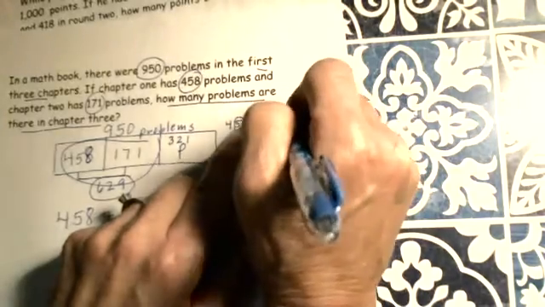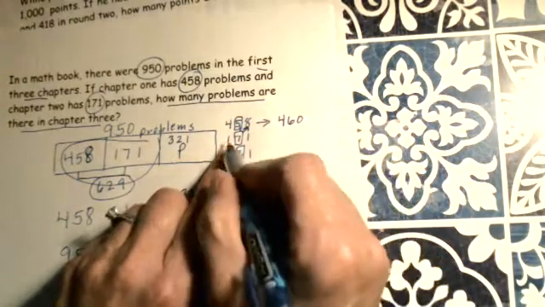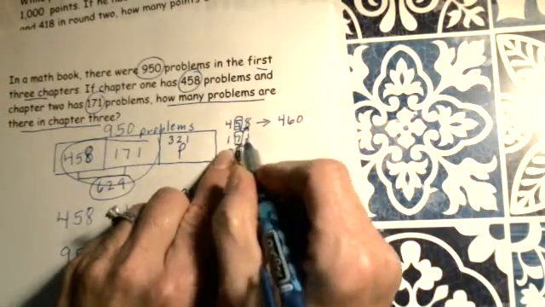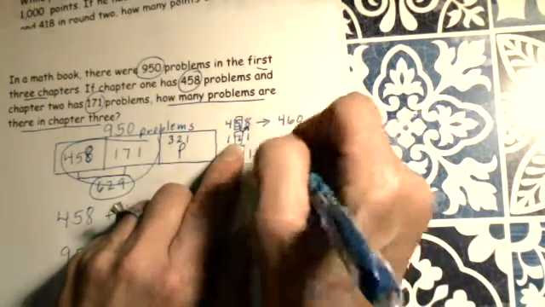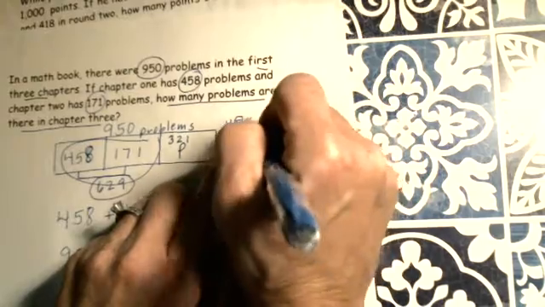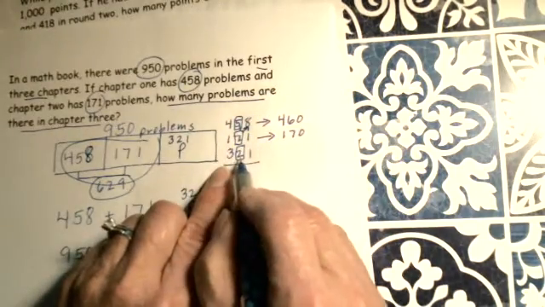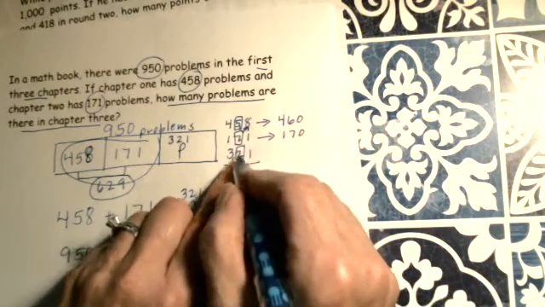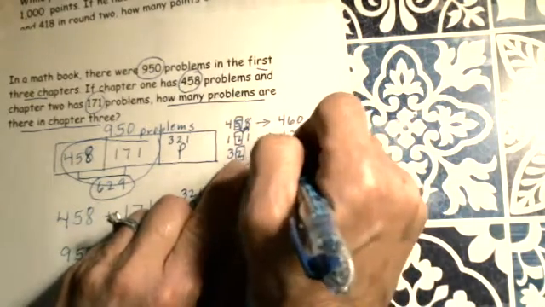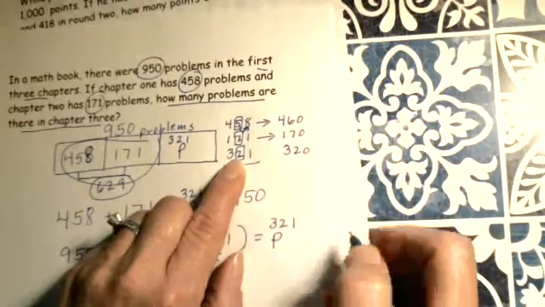So this would be 460. The 171, I look to the ones place. It's less than 5, so this would stay a 7, 170. 321, I look to the ones place. It's less than 5, so this stays a 2, 320.